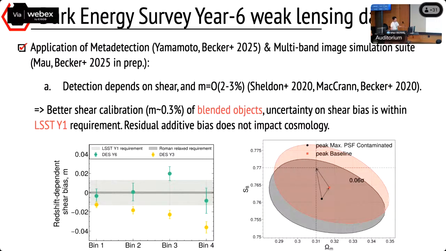And we are also achieving the level of systematic uncertainty required for LSST year 1. So that was multiplicative bias. In terms of additive bias, we saw a small additive bias likely caused by residual PSF modeling errors. But we have demonstrated in the plot on the right that this small additive bias does not cause bias in cosmology in the end.